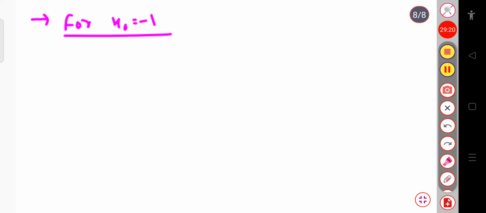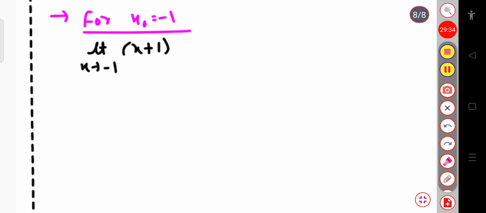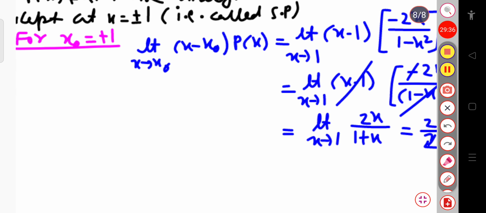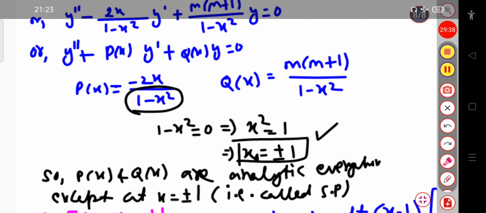So limit x tends to minus 1, here x naught means minus 1, so x minus x naught means x minus of minus 1, that will be x plus 1, into p of x. Here the value of p of x is minus 2x divided by 1 minus x square.